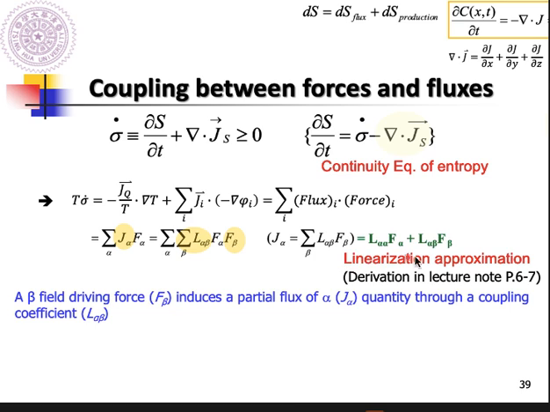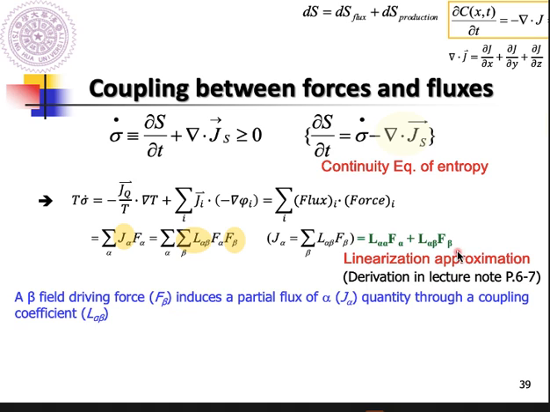This linear approximation states that the flux J alpha is directly driven by the driving force F alpha, right? And this relationship we call the direct coefficient.